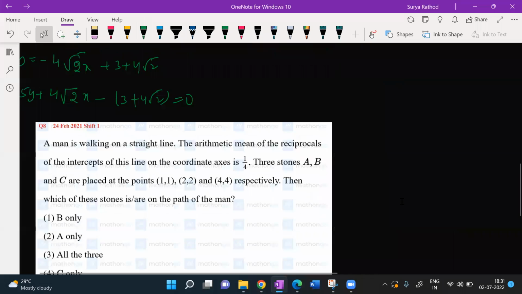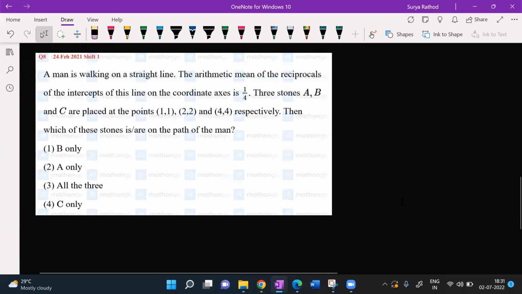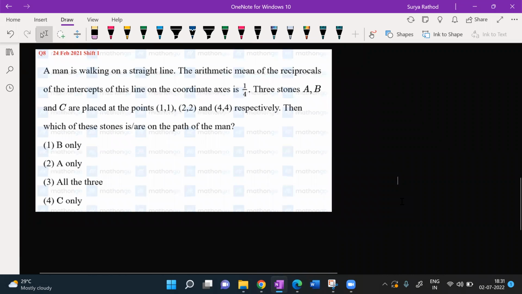Everyone solve this. Guys, I got only two. If I get a simple hint, I'll straight away put a tick mark. No need to make confusion over there. Very simple question. Make it fast.